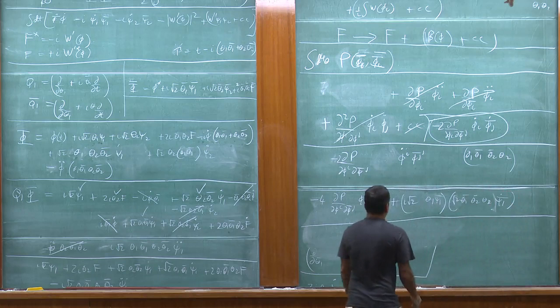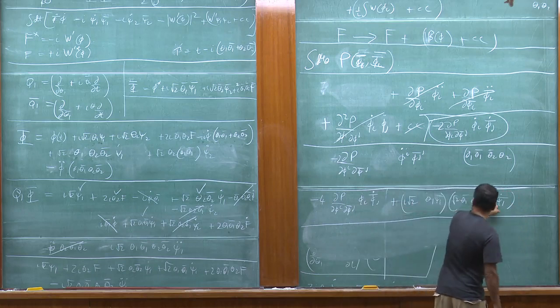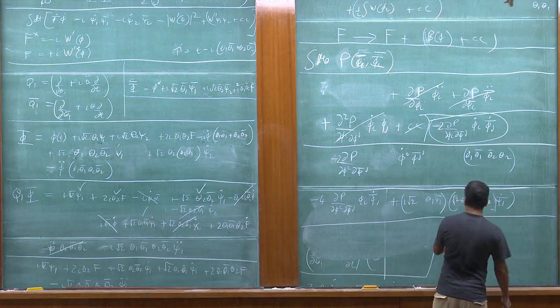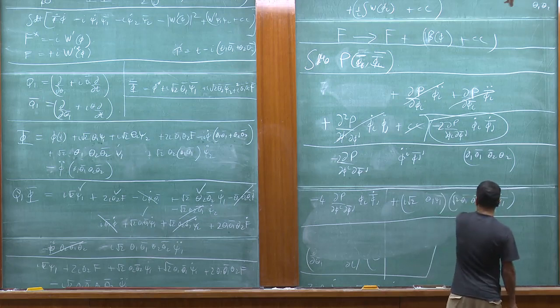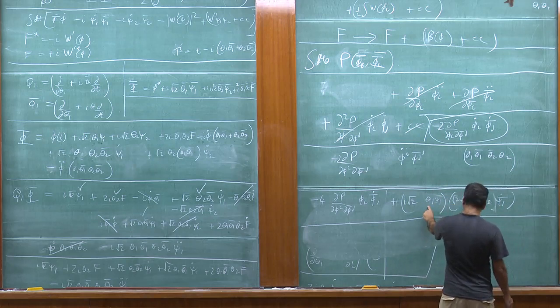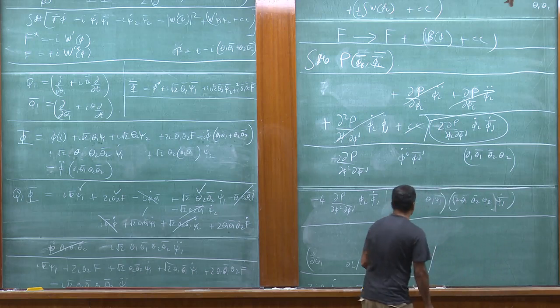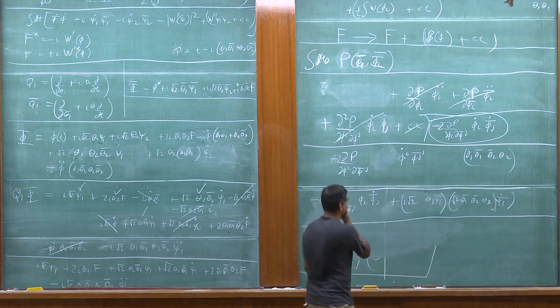Okay. And your point is I have to take this guy through here. 3 of them. So that's a minus sign. And I have to take theta 2 through here. So no sign. So I get minus I. Minus I, yeah?